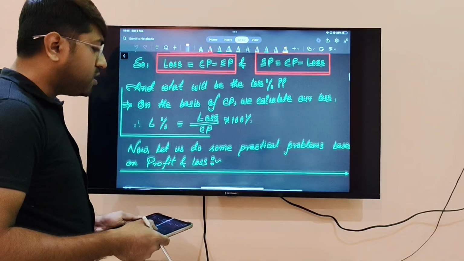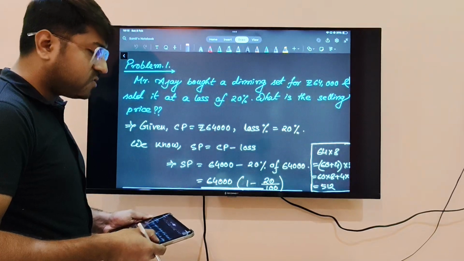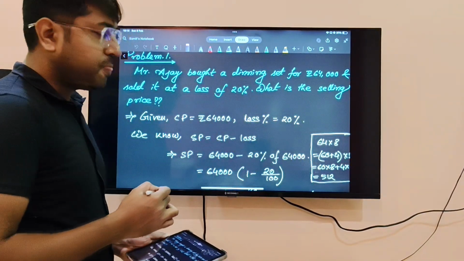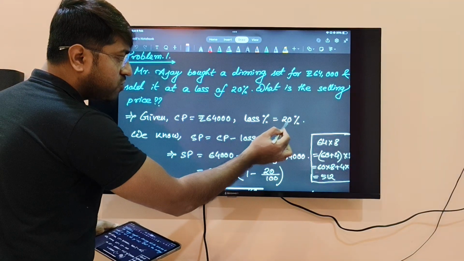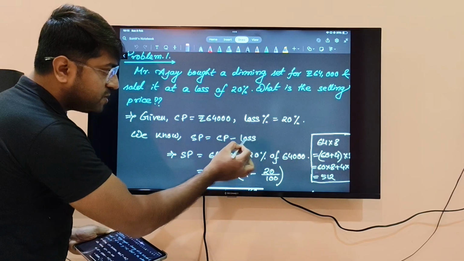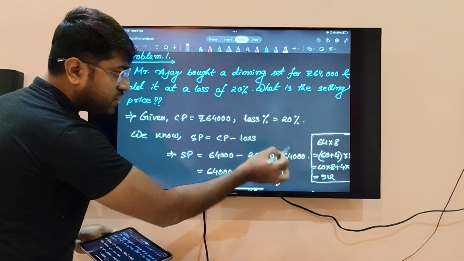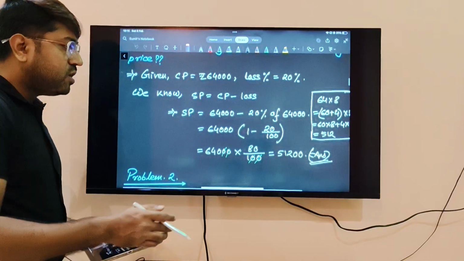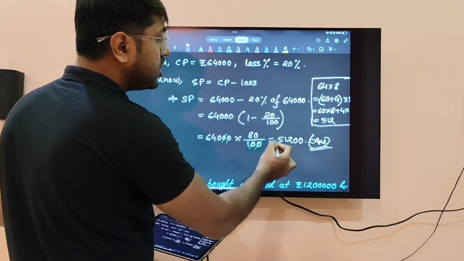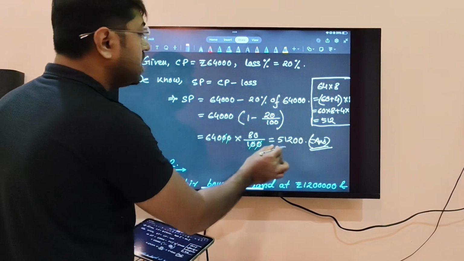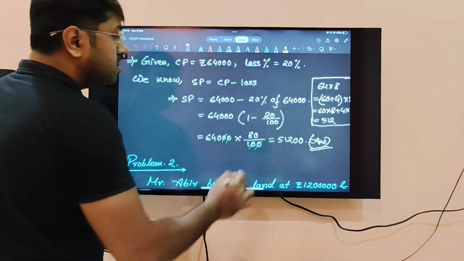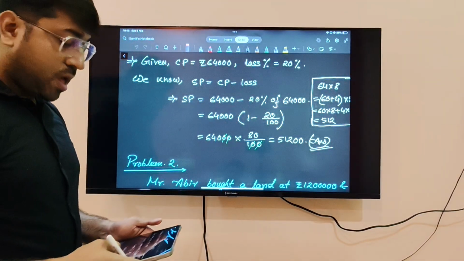So you always remember, loss percentage or profit percentage, both we will apply on CP only. So this 20% will be applied on CP. CP is there, loss means 20% of CP. Then we will do the calculation. After calculation, we will get 51,200. That is the selling price. CP was 64,000, selling price is 51,200.